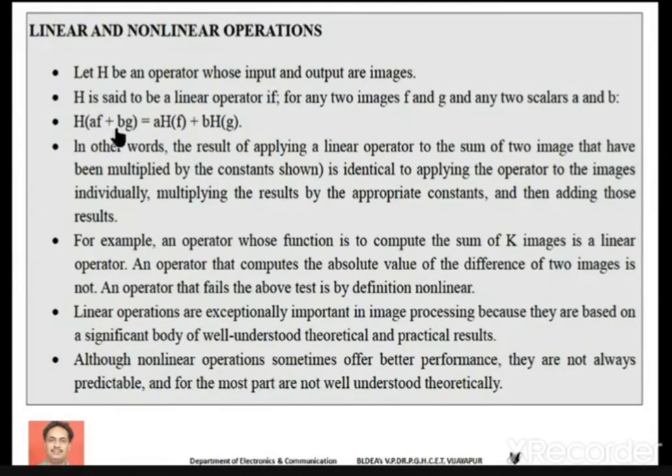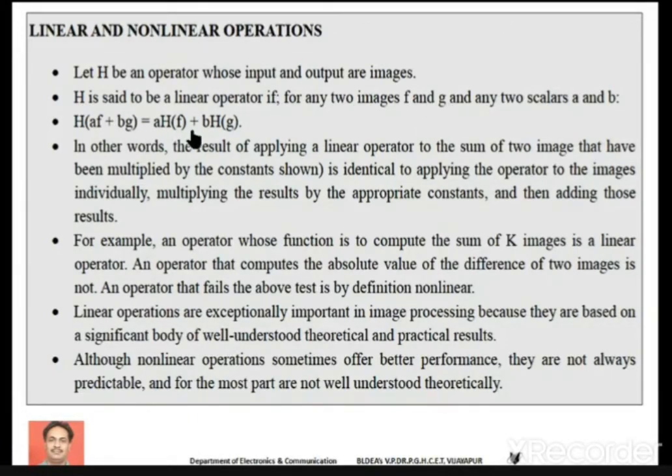Okay, let us see this particular equation. In this equation, H is the operation. H is an operator whose input and output are images. Just try to understand this equation. Here F and G are any two images.